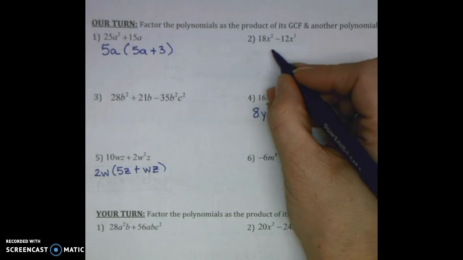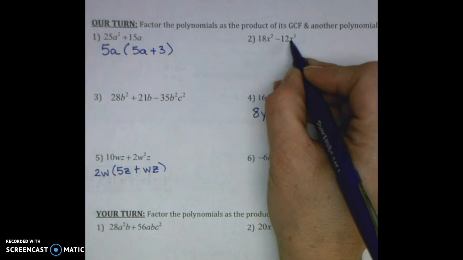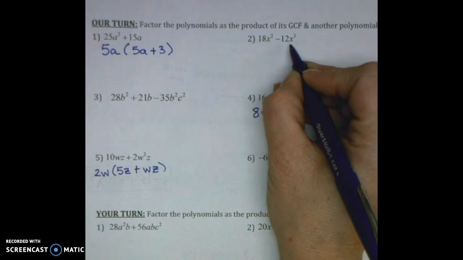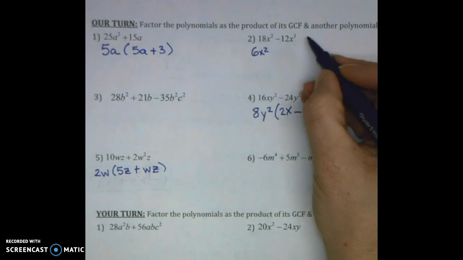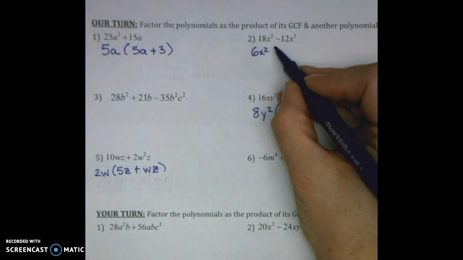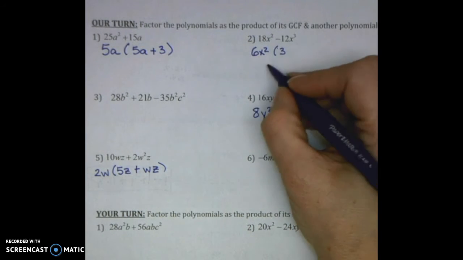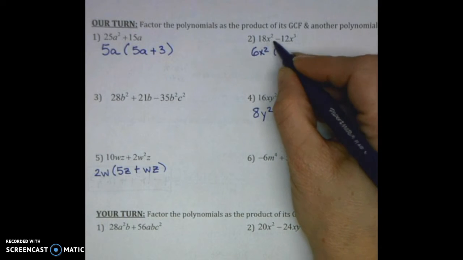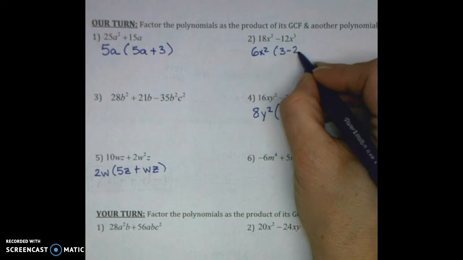Let's look at number 2. I'll say it a slightly different way. This time when I look at every piece of information in each term, I see that I can take out 6x squared. So if I back up and think 6 goes into 18 3 times, x squared goes into x squared 1 time. I don't actually have to write anything else. 6 goes into 12 2 times.